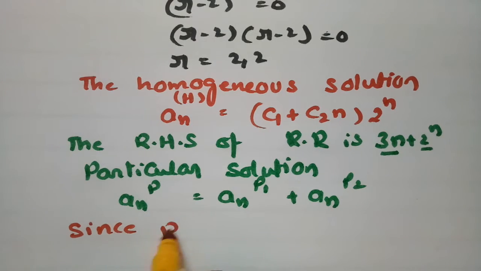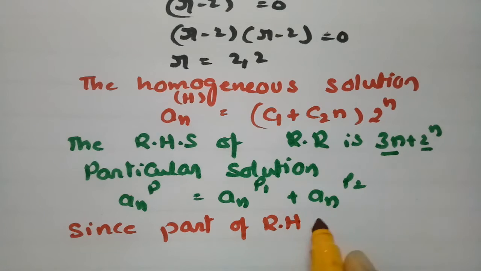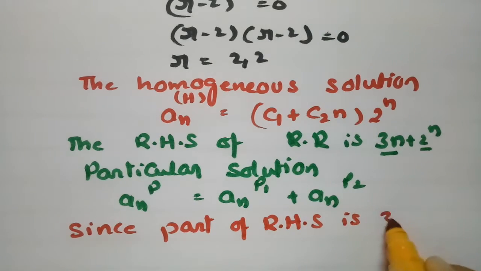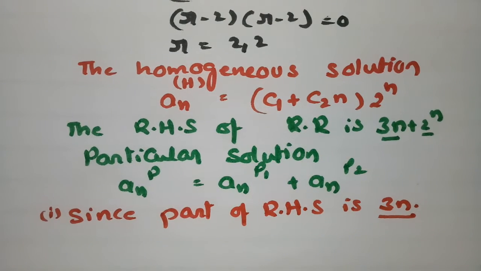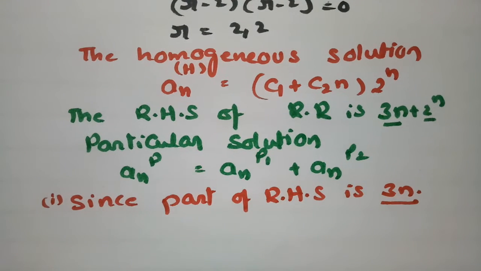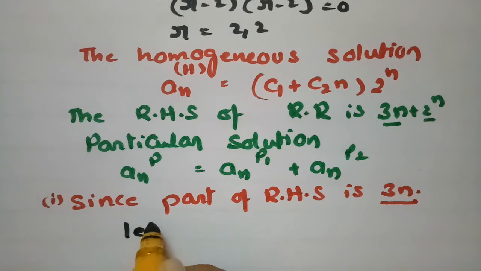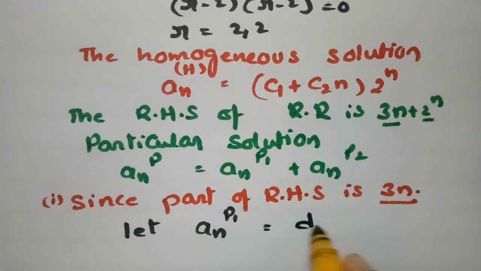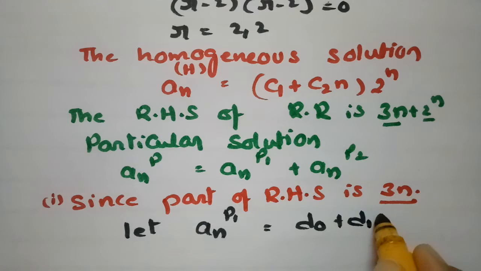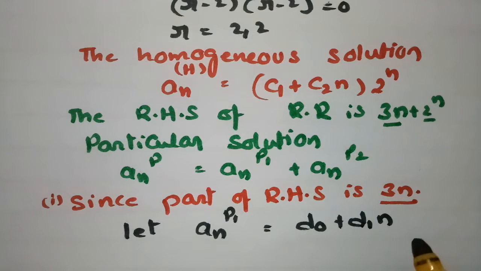Let the particular solution P1 be of the form d0 + d1 n, as it is a linear polynomial.